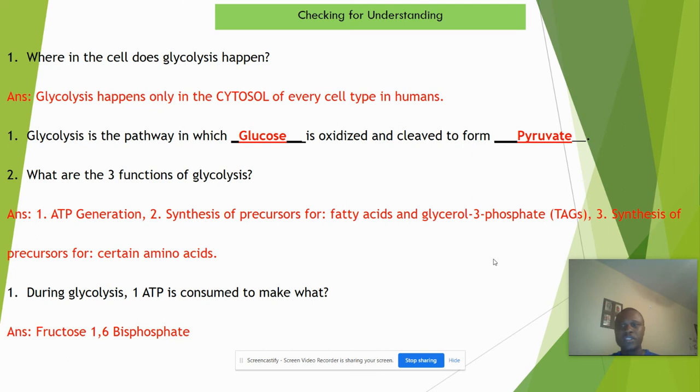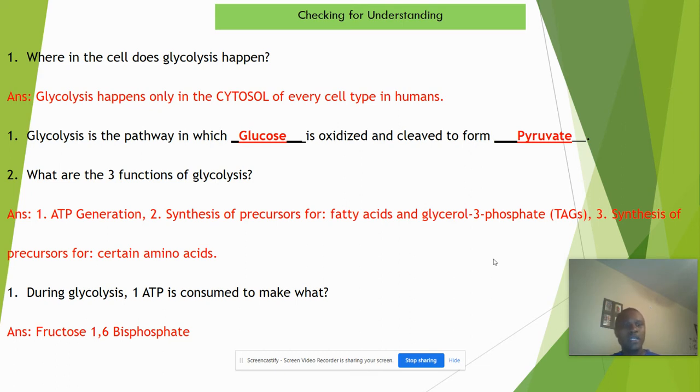And the other reason is to synthesize precursors for certain amino acids. Again, ATP generation, synthesizing precursors for the synthesis of fatty acids, glycerol phosphate, and certain amino acids.